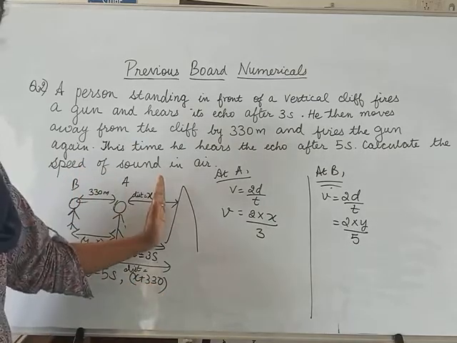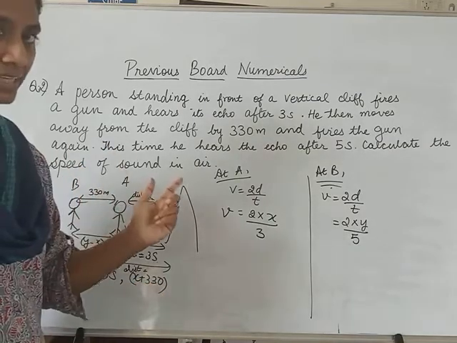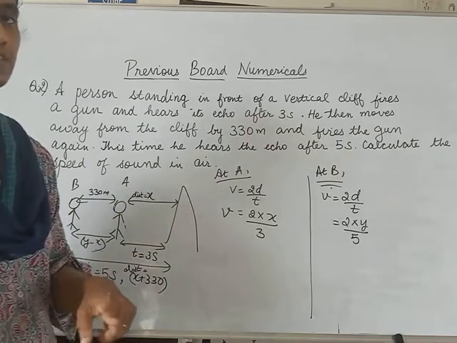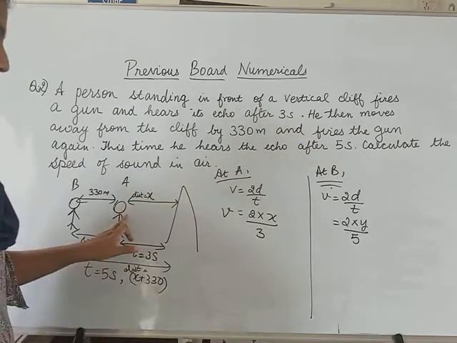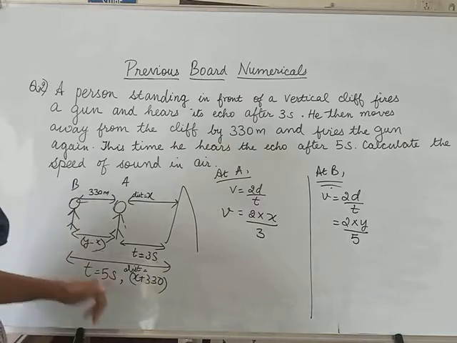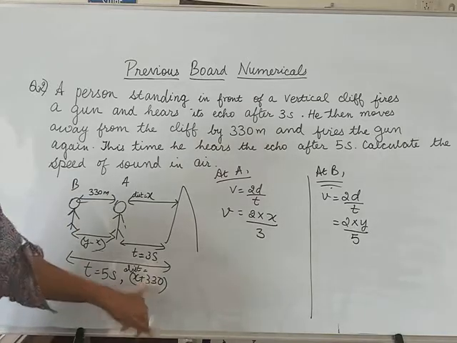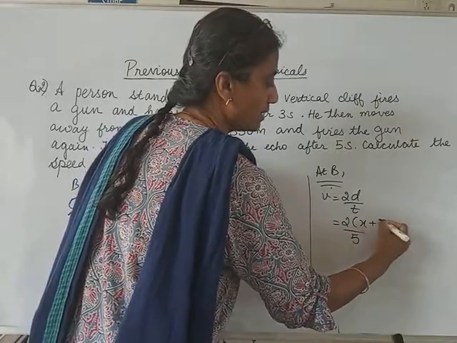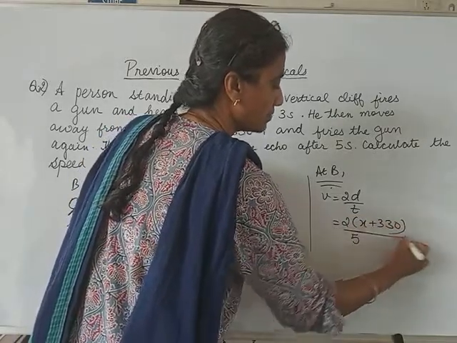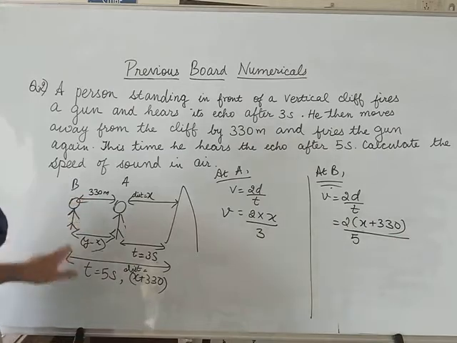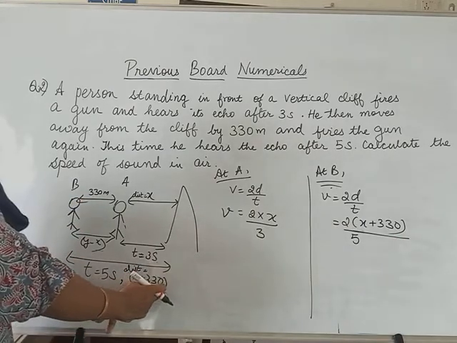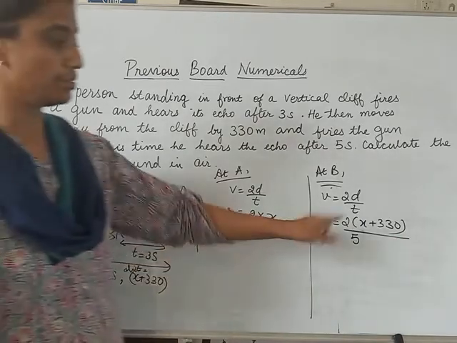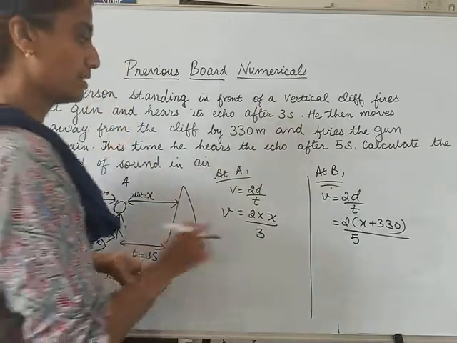If he is moving towards the cliff, you had to subtract it, if you remember the numerical that we did from the example in the book. Now if he is going away from the cliff, then you have to add. So at B, the distance is x plus 330, time is 5 seconds. So you get an equation like this.